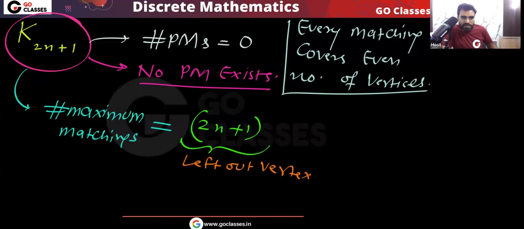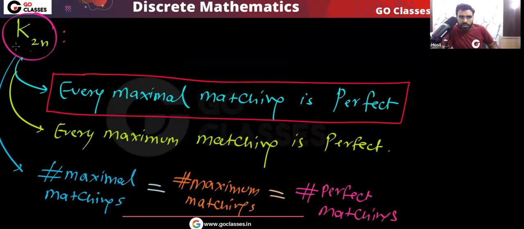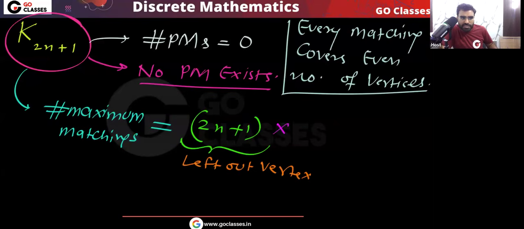Then for the remaining 2n vertices, you can create a maximum matching. And we have already seen that if you have a complete graph on an even number of vertices, then the number of maximum matchings will be the same as the number of perfect matchings. So the remaining is K2n, so that will have the number of perfect matchings in K2n.